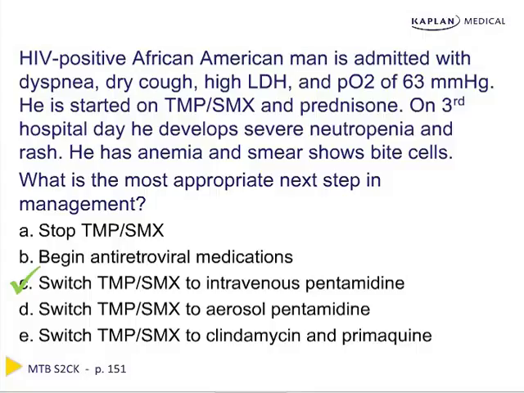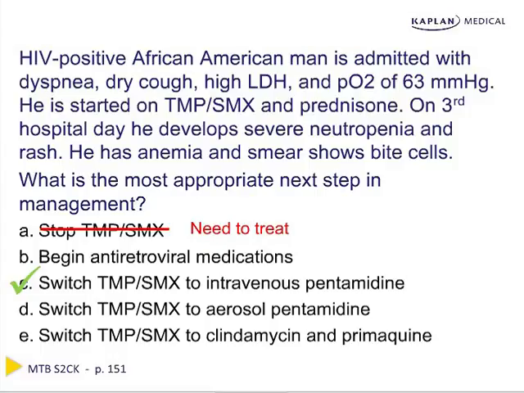Although primaquine may have more efficacy than pentamidine, the patient seems to have glucose 6-phosphate dehydrogenase, or G6PD, deficiency, as evidenced by anemia and bite cells seen on the smear. There's no need to stop treatment altogether. The patient needs to be treated for his PCP.